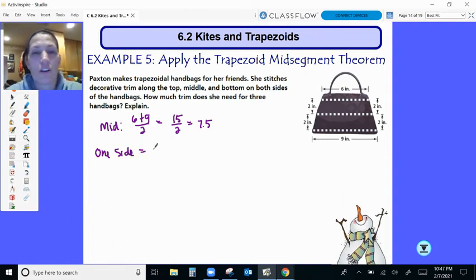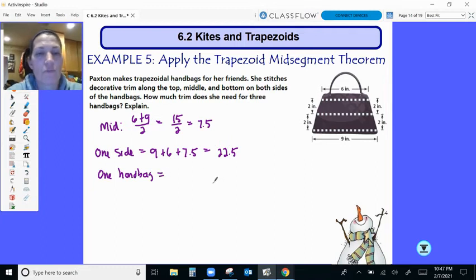Okay, so let's find the total stitching for one side. It is going to equal 9 plus 6 plus 7.5, which is going to be 15 plus 7.5, which is 22.5. Okay, so for one handbag, that's going to be double that, right? So 45 inches.